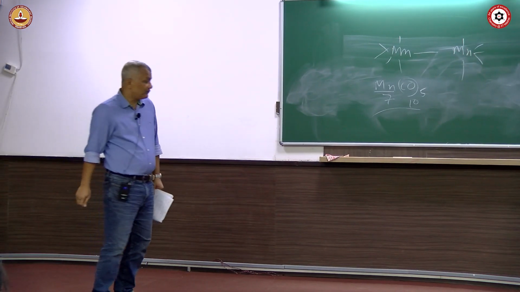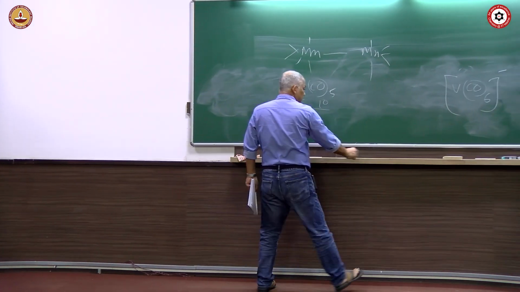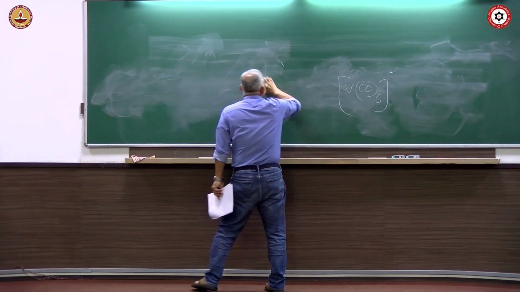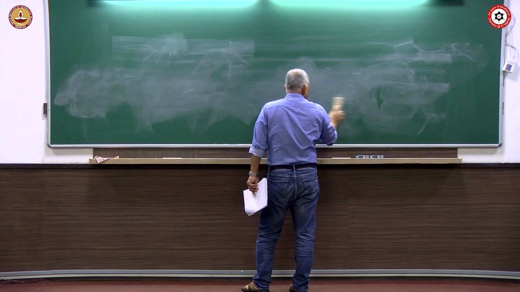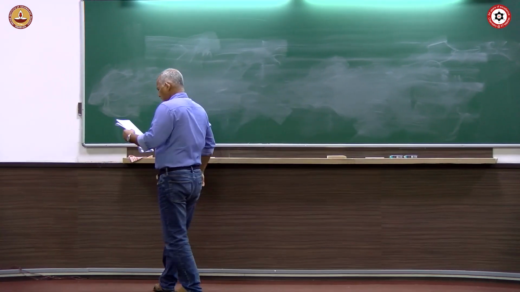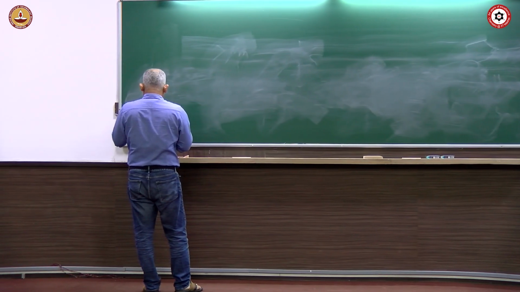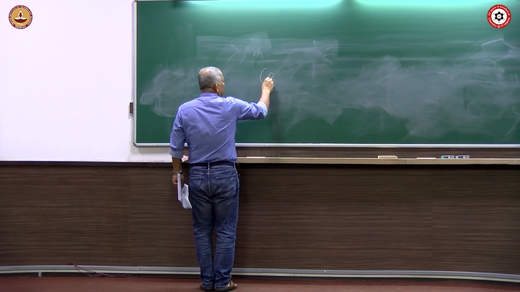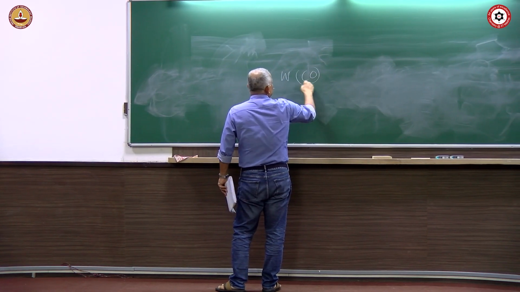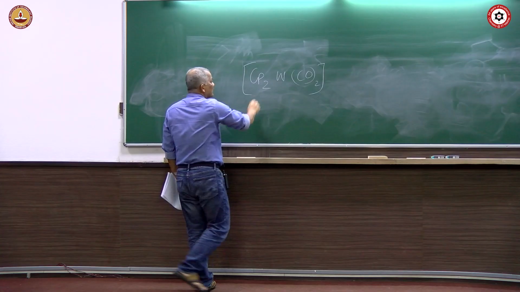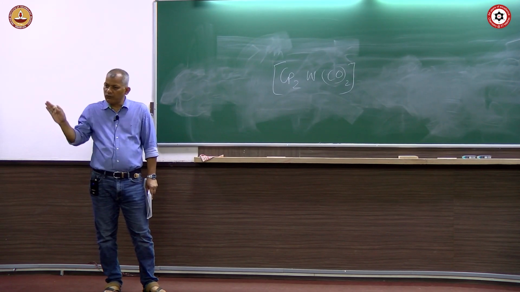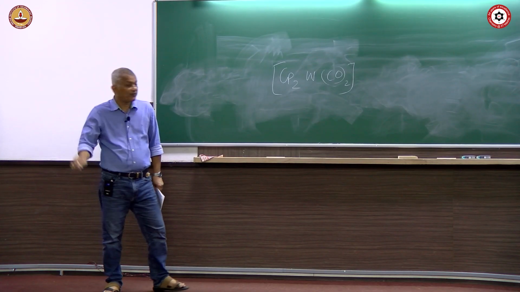First one is Cp2 tungsten CO2. I want you to draw the structures. All the molecules contain the 18 electron rule. This is one.